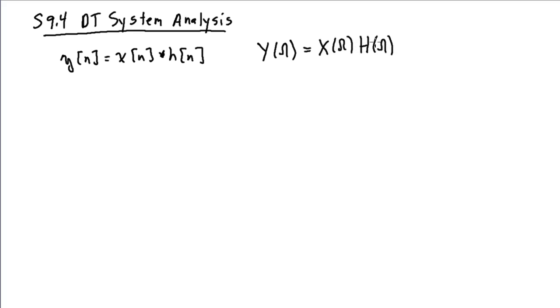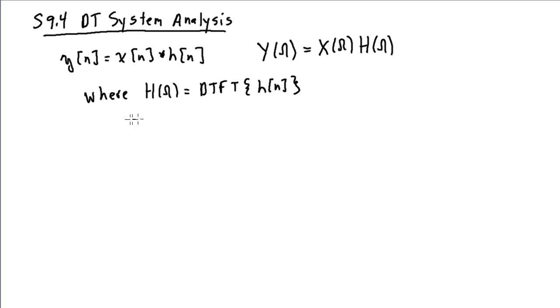So we can multiply the discrete time Fourier transform of our input sequence times the frequency response of our system, where H of omega is equal to the discrete time Fourier transform of the impulse response of the system.